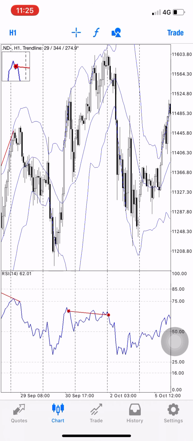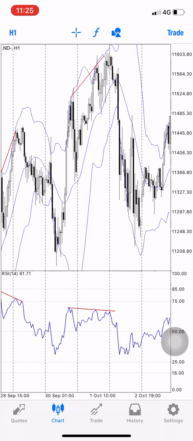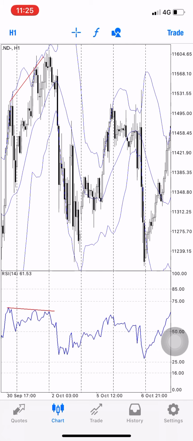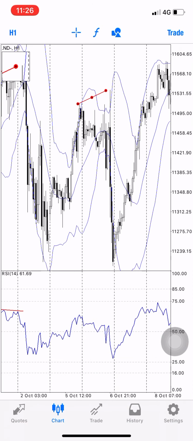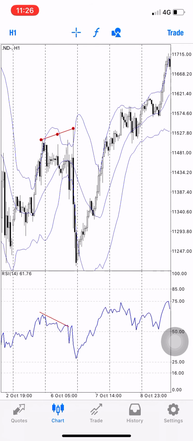Yeah, price is flat. Supposedly it should create a higher high, but then it's just flat. So it also means divergence. Price creating higher high here. Here, lower low, flat, drop.